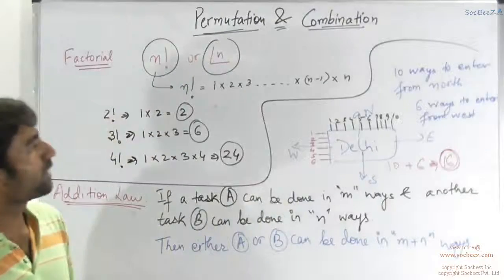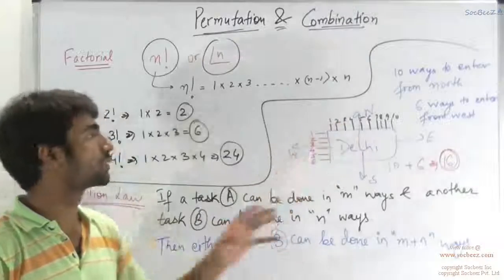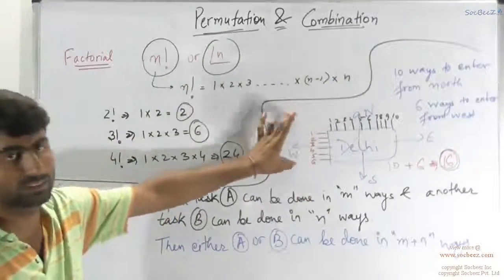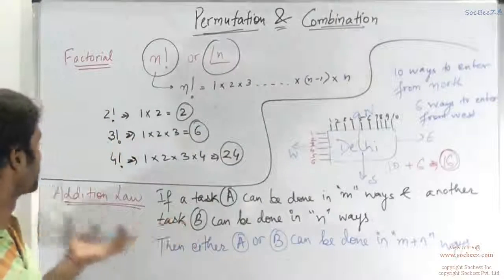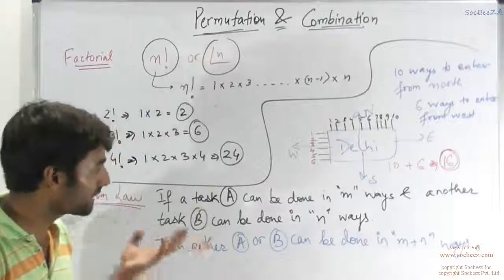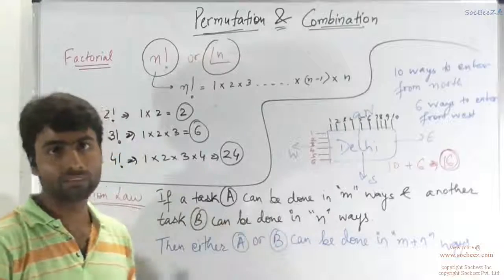If you have to choose either this or this, then the total number of cases is the cases of this plus the cases of that. This is known as the fundamental principle of addition. Here you have to remember the condition that it is either A or B. You can't choose both of them.